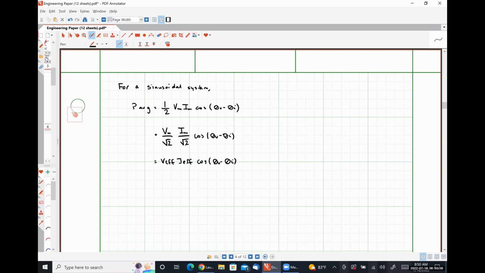So effectively, the average power is now in some way related to the effective values for voltage and current, which are in turn related to the average values of the square of our periodic waveforms. Okay.